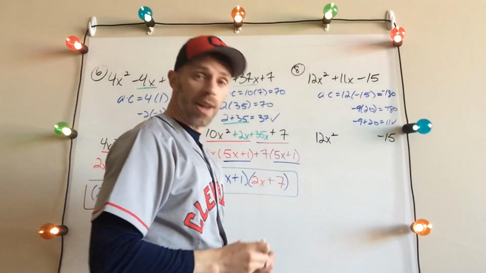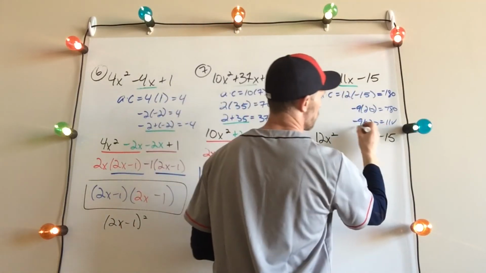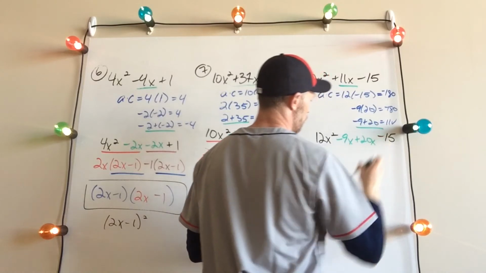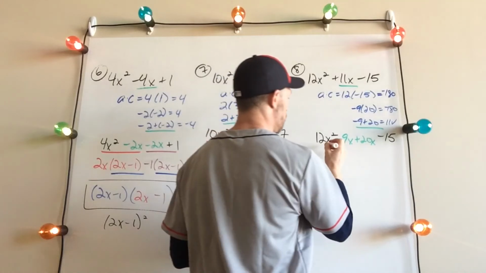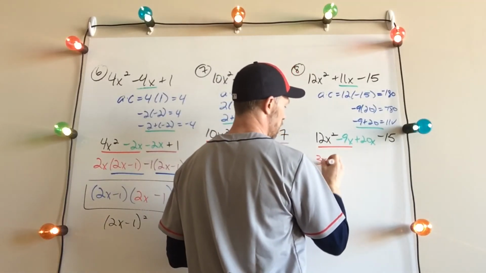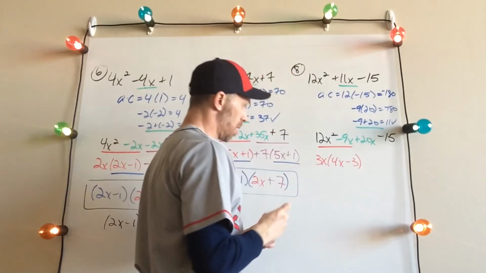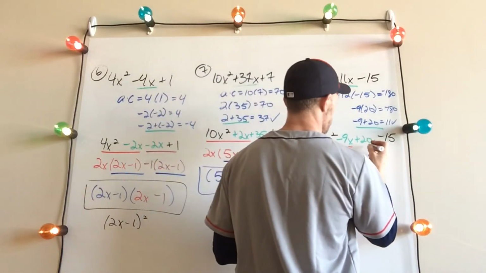We'll unsimplify the middle term. We'll factor GCF out of the first two pieces. We'll factor a GCF out of the second two pieces.